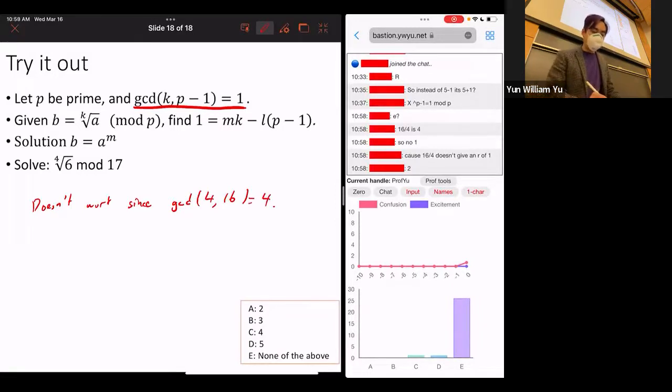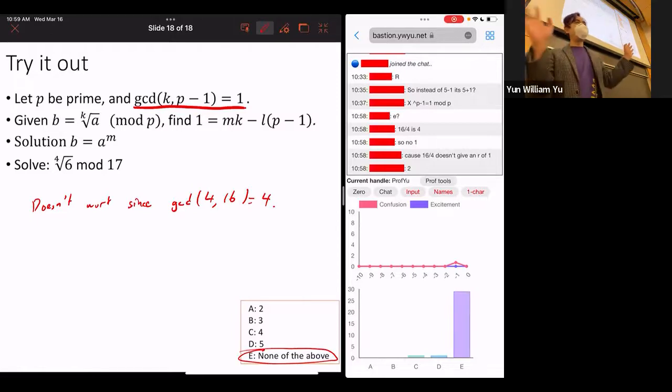So the answer here is none of the above for the purposes of this method. One of these numbers might well be the 4th root of 6. I didn't actually check, and hopefully they're not, but they might be. But the key here is that if you're trying to solve it using this method, it won't work.